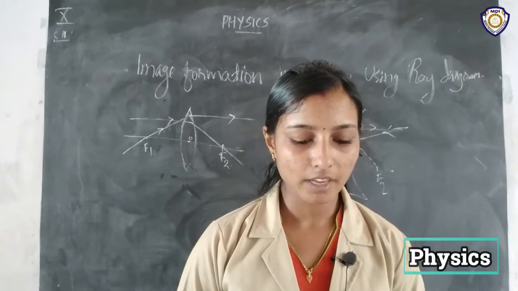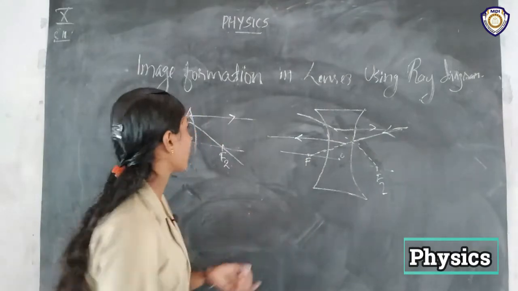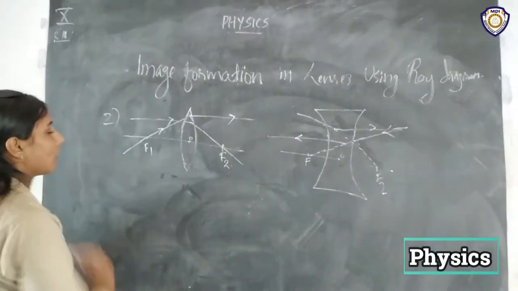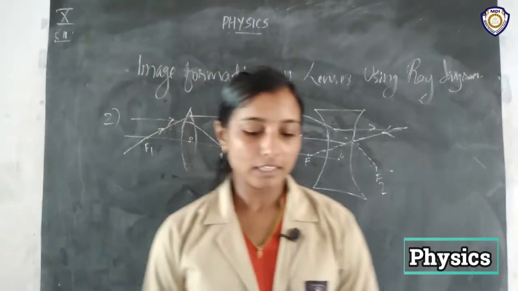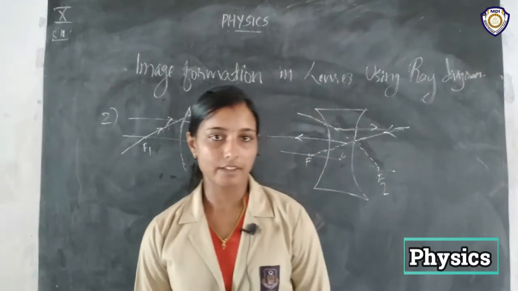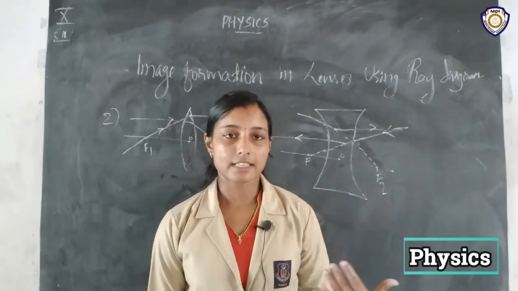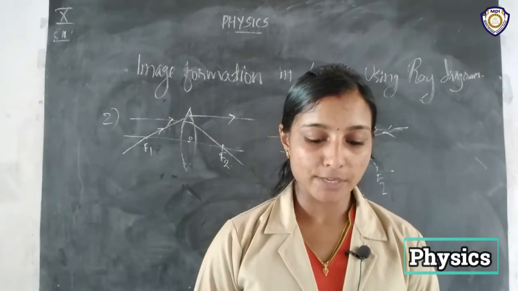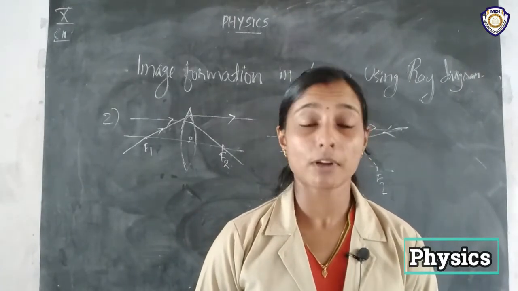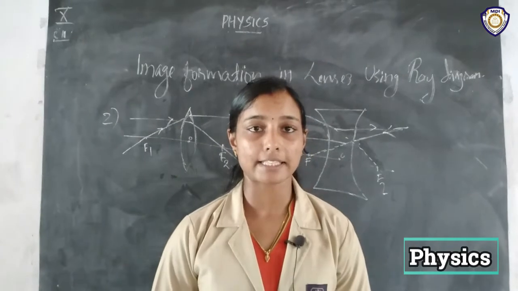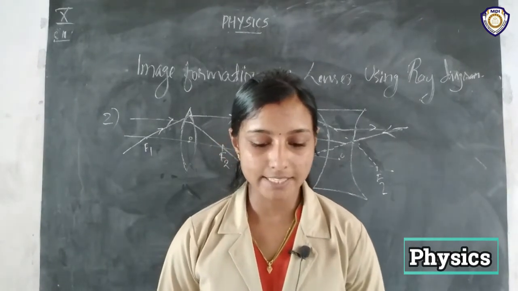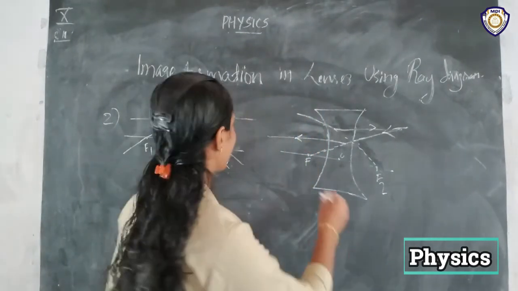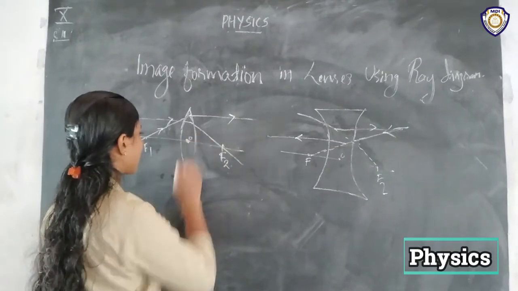Okay, and what is the third one? This is the second rule. And what is the third one? Third one is simple, right? So as with mirrors, here also a ray of light passing through the optical center. That means optical center is where? Here, right?